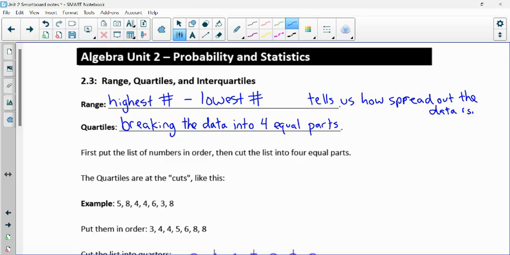And so that means each quartile would have what percent in it? 25. 100% the whole data set. You're breaking into four equal parts, so 25. So each quartile has 25% of the data.